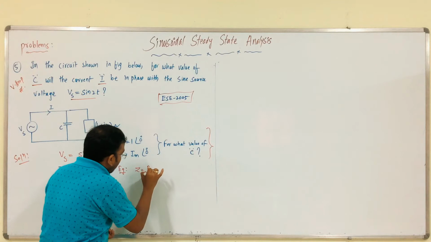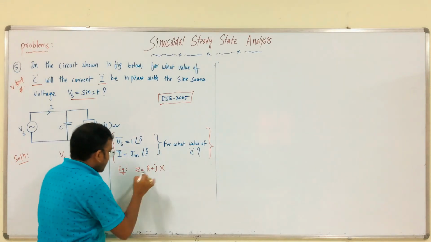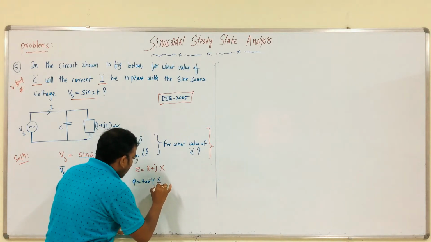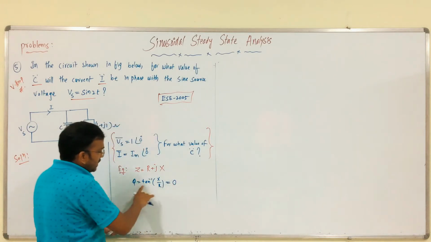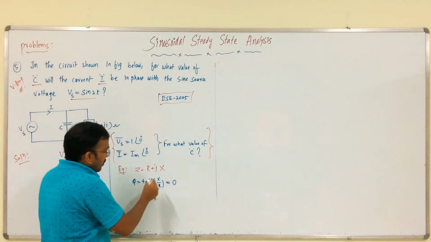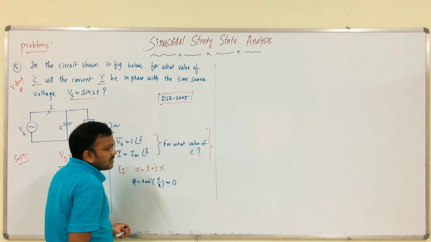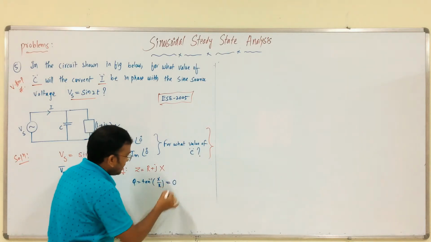For example, impedance is R plus jX, basic formula. So, from this phi is equal to tan inverse X by R. To get 0 degrees phase angle, which part should be equal to 0, whether R or X? If R is equal to 0, we will get 90 degrees.